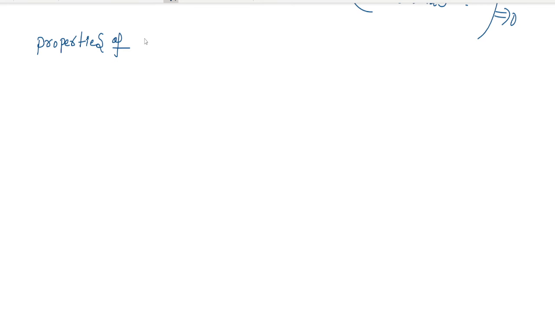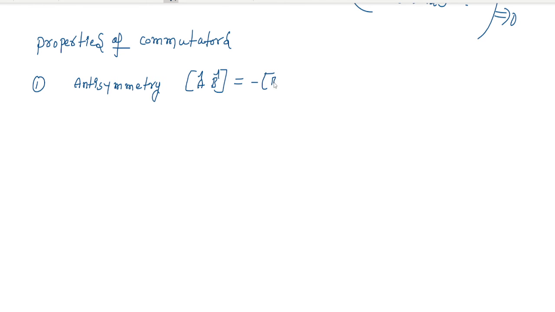Number 1, anti-symmetric: [A, B] equals minus [B, A].